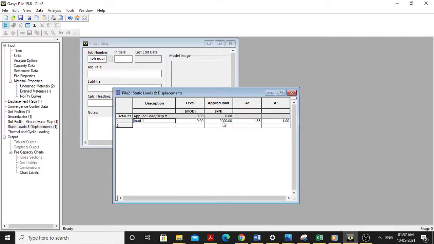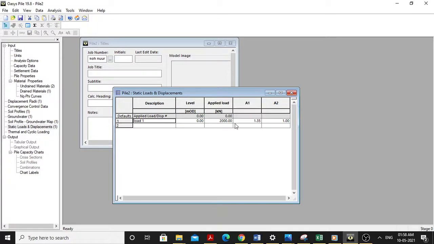So it may be 300 or 400, it doesn't matter, but the maximum load it will reach here. If you had not given that increment load, then this analysis would have been for only a single case. It would not have an increment.